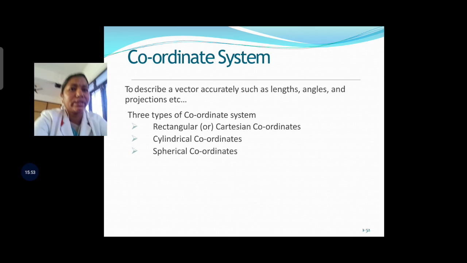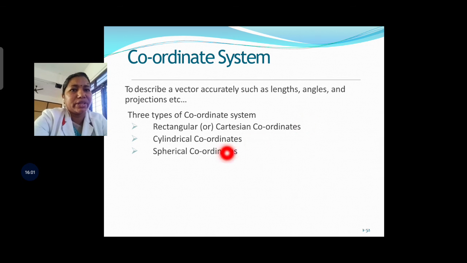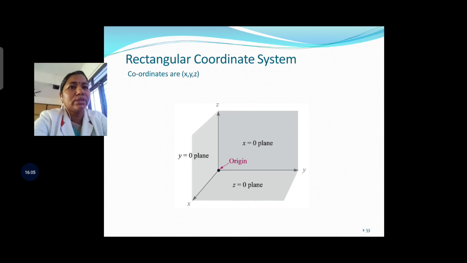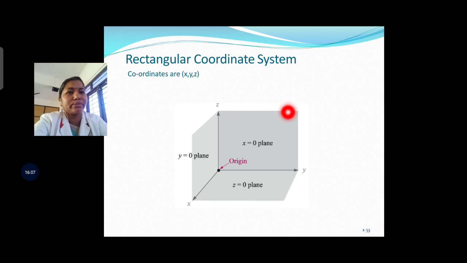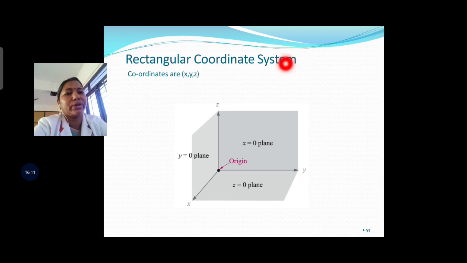So for coordinate systems, we have the rectangular or Cartesian coordinate system, the cylindrical coordinate system, then the spherical coordinate system. For the rectangular coordinate system, we have x, y, z coordinates.